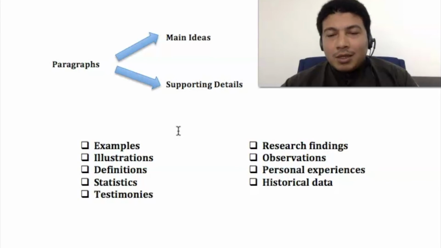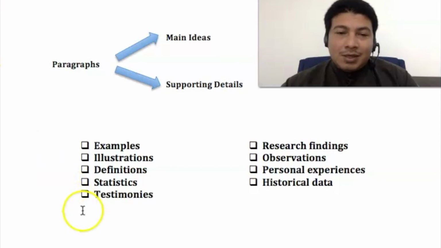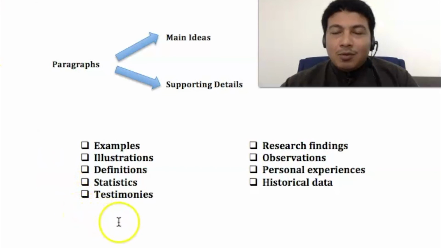And when you are writing yourself, you also could use these types of supporting details to support your main ideas. And in a reading text, when you are looking for information for your assignments or presentations, you can look for examples, illustrations, definitions, statistics, testimonies, observations, and other types of supporting details to support your points in your presentations or your points in writing.